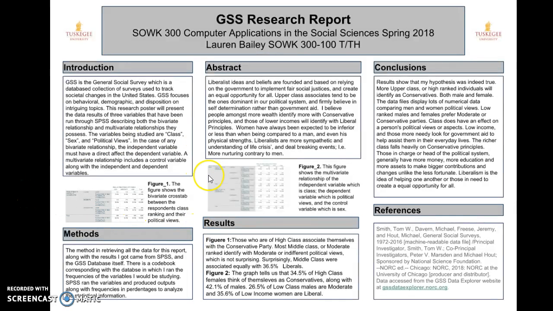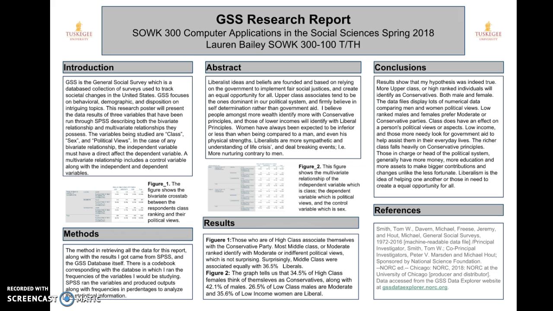Figure 2 shows the multivariate relationship, where the variables run in SPSS were sex, class, and political views.